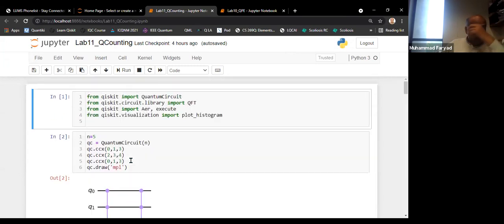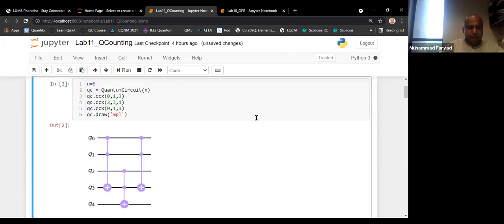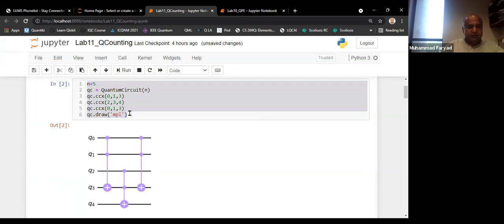Okay, so I first present an algorithm that is implemented for a single solution in such a space. So I begin with the usual imports. And then this is the part of the circuit that marks a single solution, the solution 1 1 1.